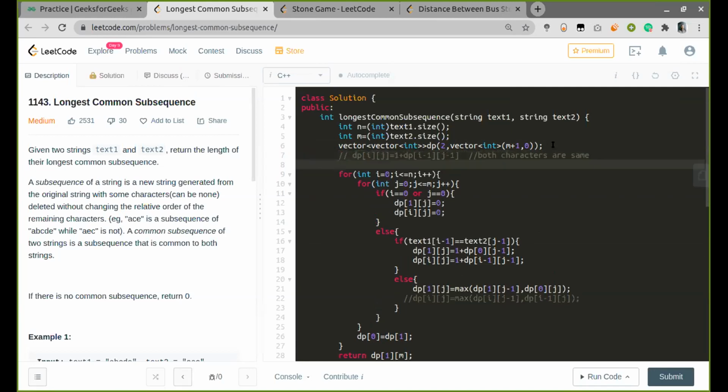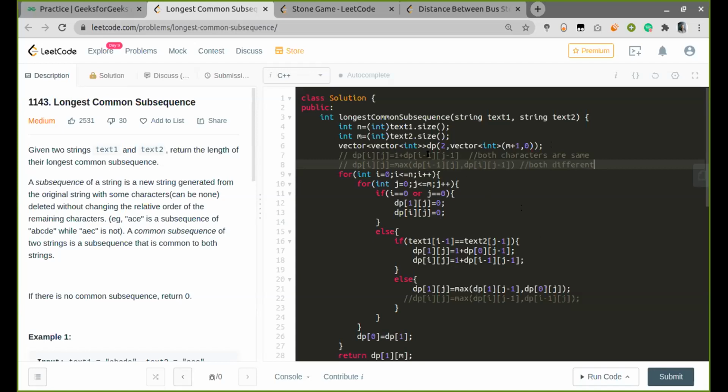And again, dp of i j equals max of dp of i minus 1, j and dp of i, j minus 1 if both are different. This is the normal tabular format approach.